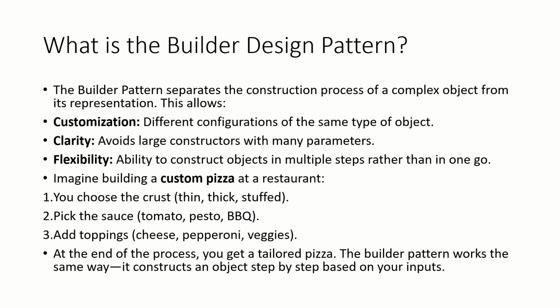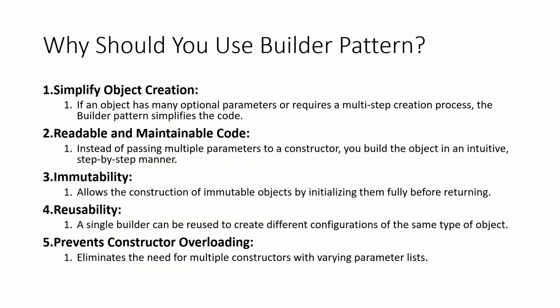Okay, now we'll go to the next slide to discuss why one should use the builder design pattern. The first thing is, it simplifies object creation. If the object has many optional parameters or requires a multi-step creation process, the builder pattern simplifies the code. The second is readable and maintainable code. Instead of passing multiple parameters to a constructor, you build the object in an intuitive step-by-step manner.